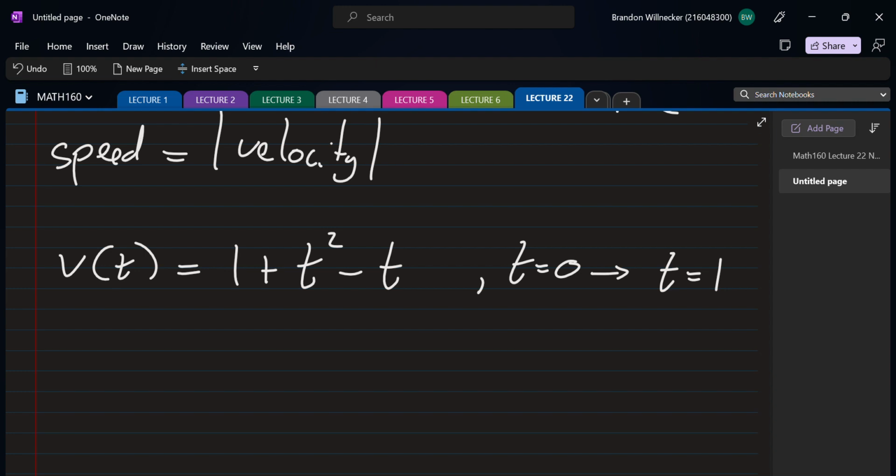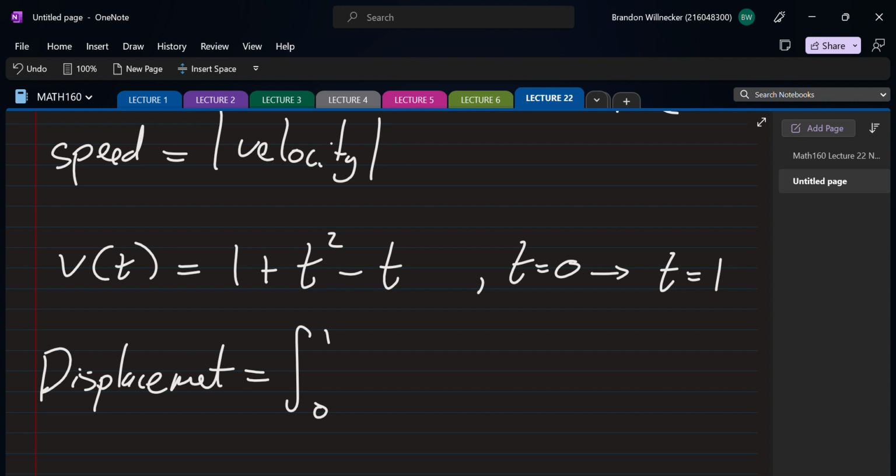The first thing that we want to do is find the displacement. So the displacement is equal to the integral from 0 to 1 of the infinitesimal displacement, the tiny little displacement. If we know it has velocity v, and we multiply that velocity by a very small amount of time, we're going to get a very small amount of displacement.